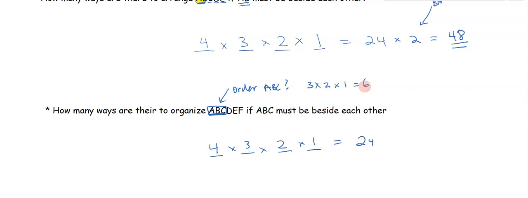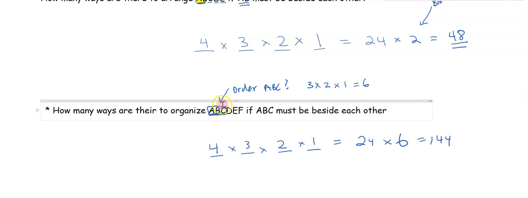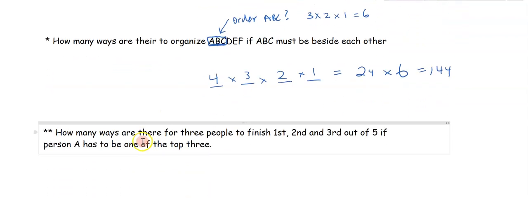If we listed them all out, you would see that there's 6 ways to order A, B, and C. So since there's 6 ways to order A, B, and C, I now multiply this 24 because each one of these options has 6 different ways. So you go 24 by 6 and you get 144 ways to order those 6 seats in which A, B, and C must be beside each other. That's a little bit tricky, little hint there.